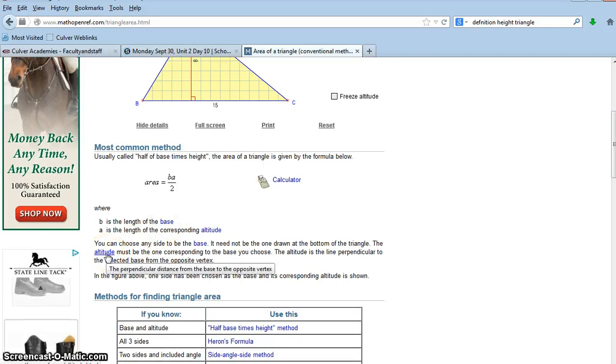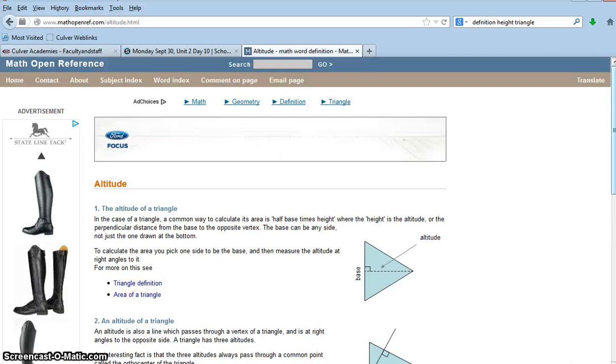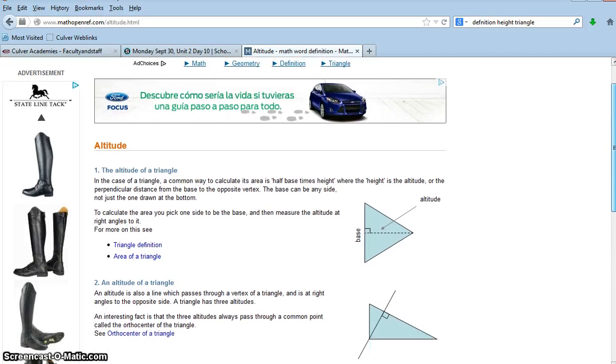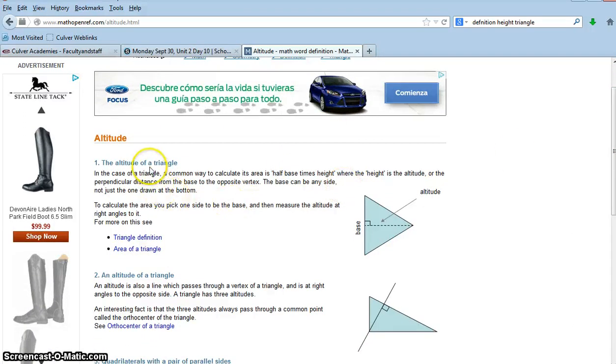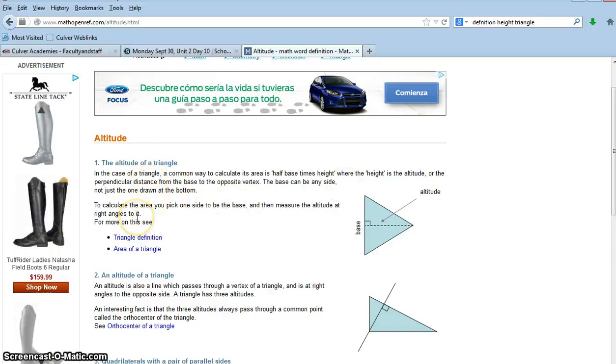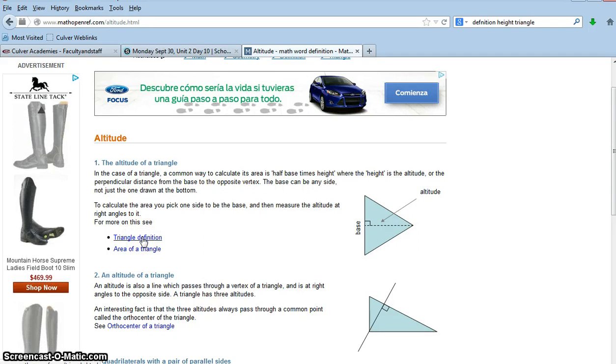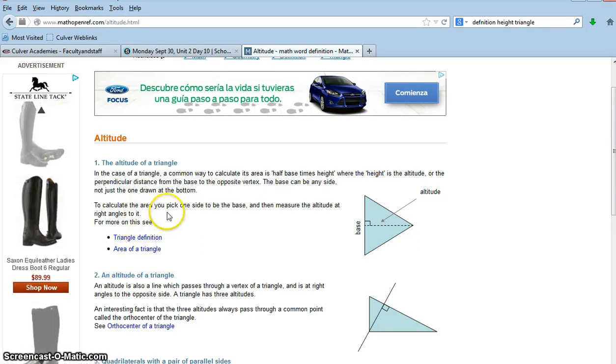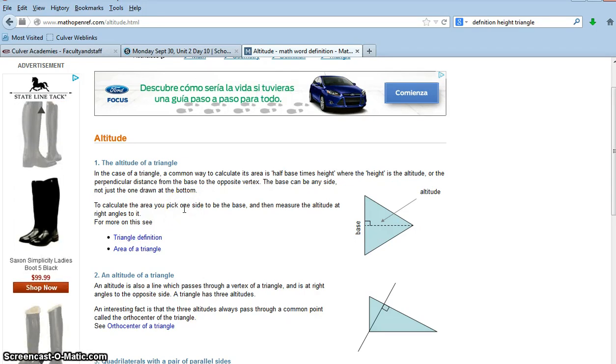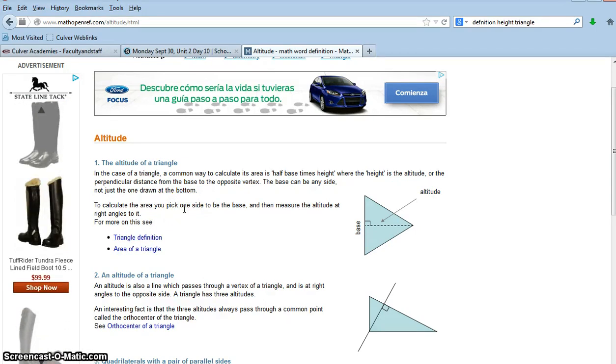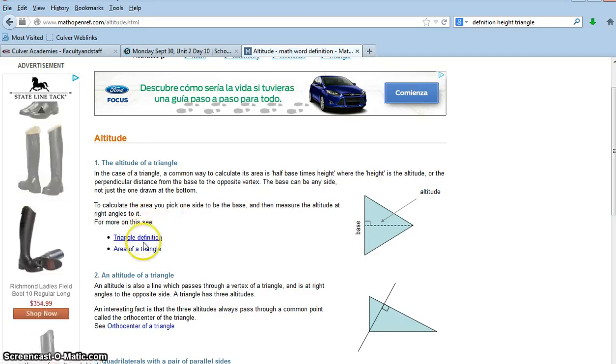Altitude must be one corresponding to the base you choose when you're finding the area of a triangle. So we need to know how to find each altitude because we might be given a base that requires us to find the altitude that's outside the triangle. To calculate the area, you pick one side to be the base and then measure the altitude at right angles to it.